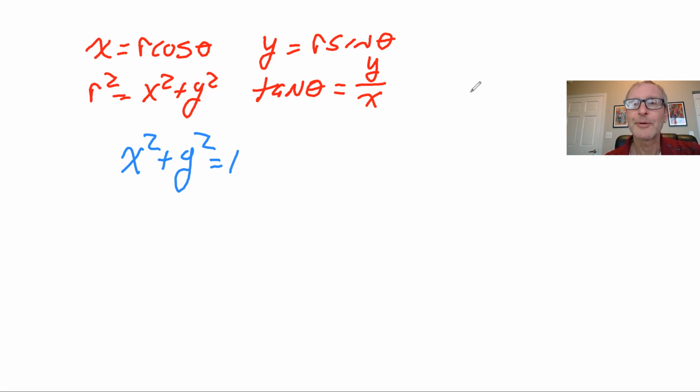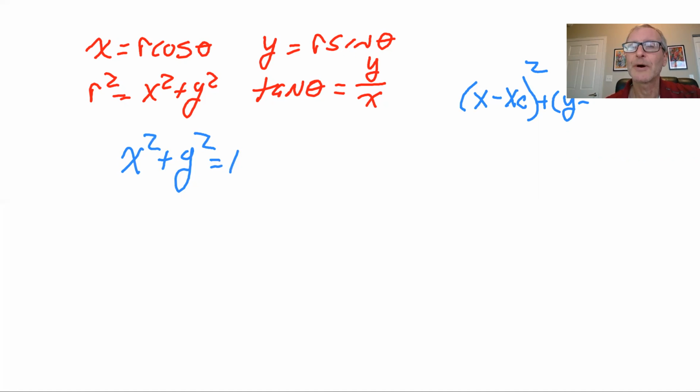If you remember, the equation of a circle is x minus xc, squared, plus y minus yc, squared, equals, I hate to use this r, but it's not the same r, so let me use little r, squared. That's our equation of a circle.